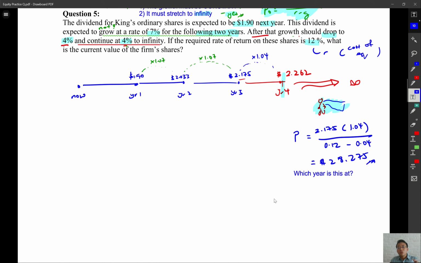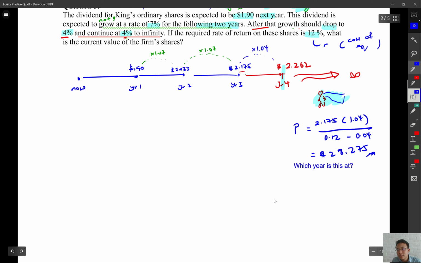To solve this question, you need to ask yourself which year is this dividend. 2.175 times 1.04, we all know that dividend amount is 2 point like this. Which year is this dividend? Now we clearly see it is in year 4.